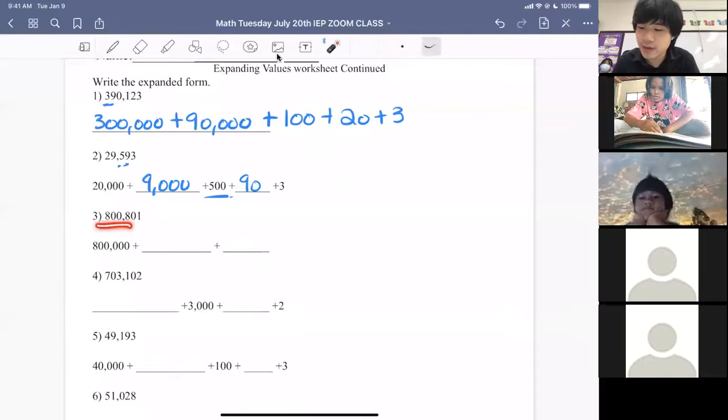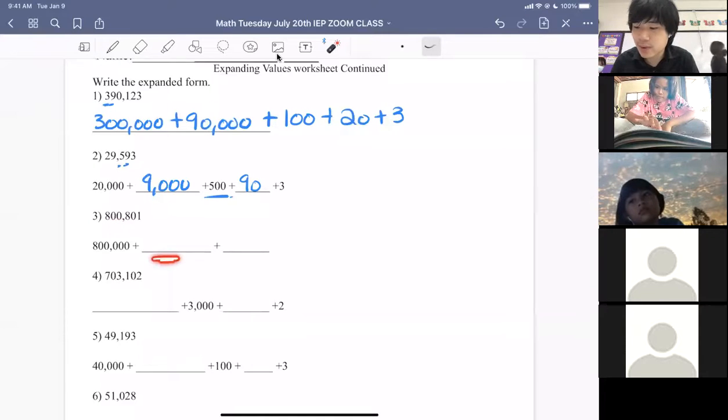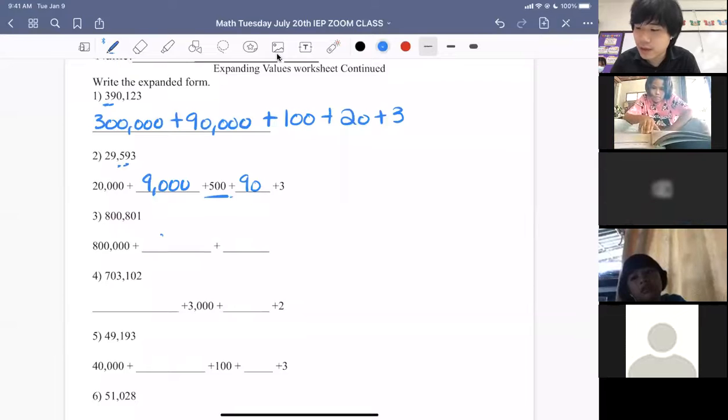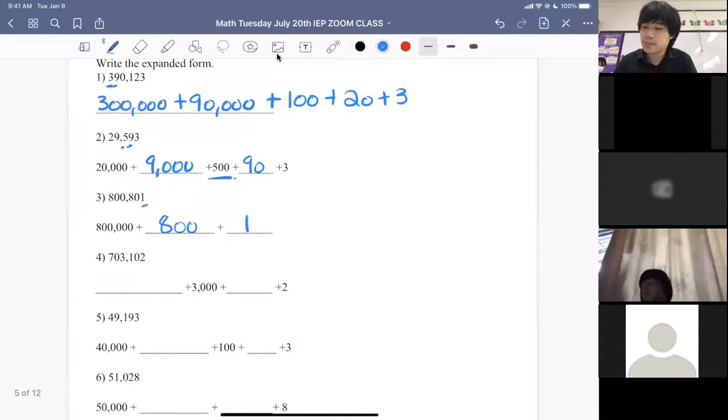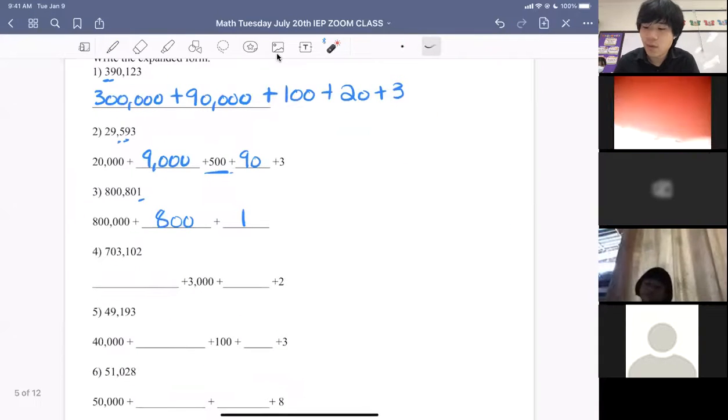Next, I have 800,801. So this 8 is 800,000. No 10,000. No thousands. What is the next number? This 8 is 800 plus 1. Very good. All right. Number 4.